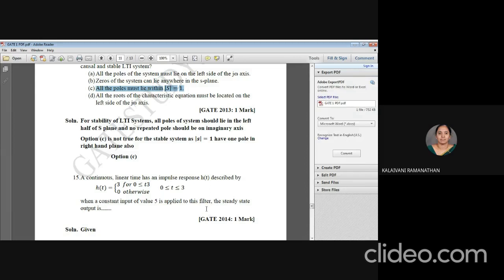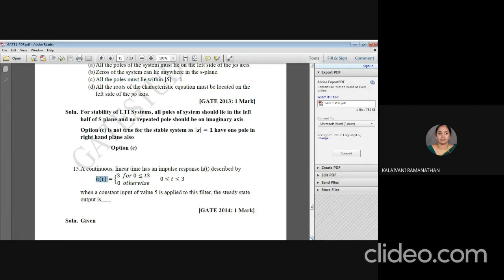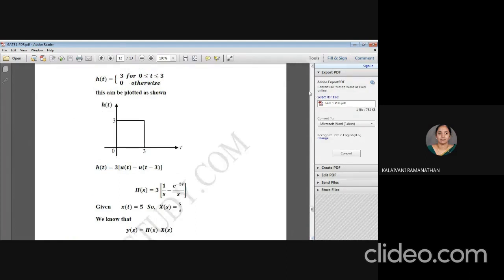So you have to consider again the output of the system. For this case also, you have to relate your input, impulse response and your output. So you have to note down the equation first. You write y of t equal to x of t star h of t, and then with respect to Laplace transform, y of s equal to h of s into x of s.